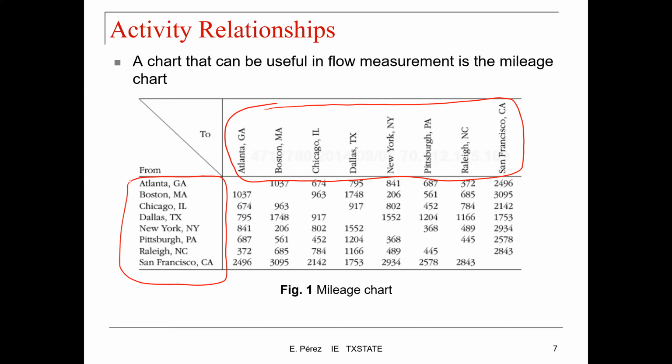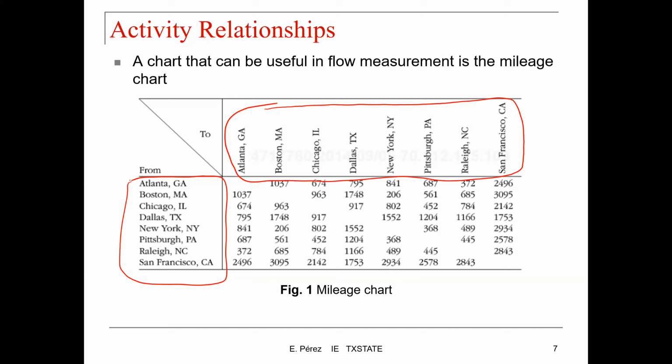What we want to illustrate here is the distance between these cities, which can be useful for multiple things. Like if you have a supplier in one of those cities and you want to send some of your product to any of the other cities, you can take into account distance, because the shorter the distance, the less fuel or the less time. So you can save from those two perspectives.